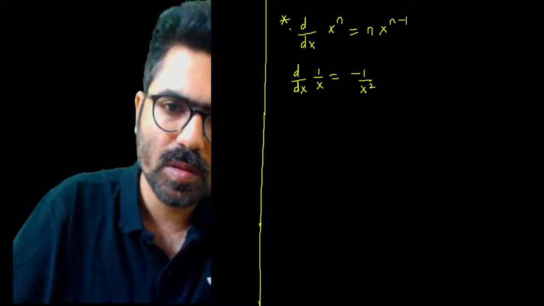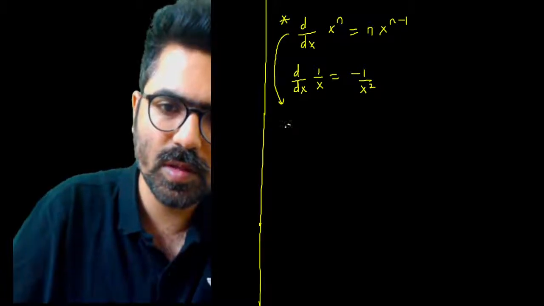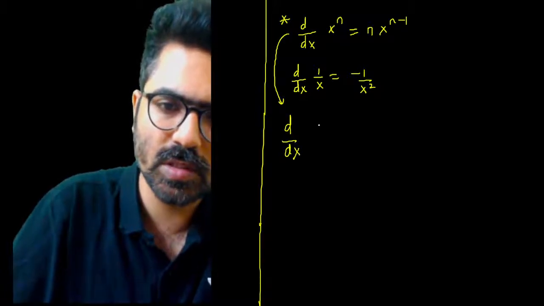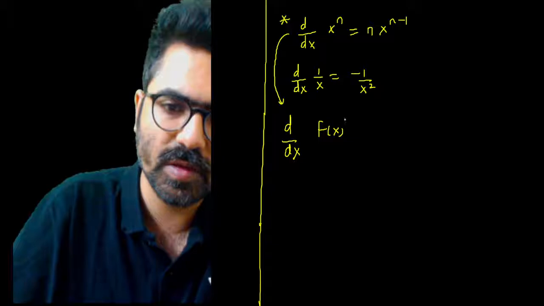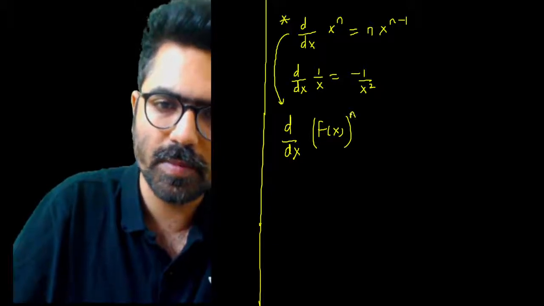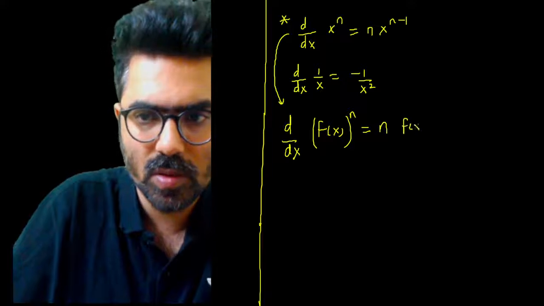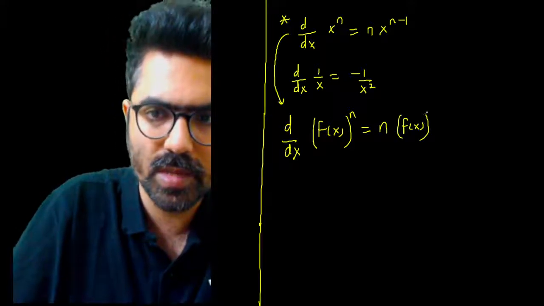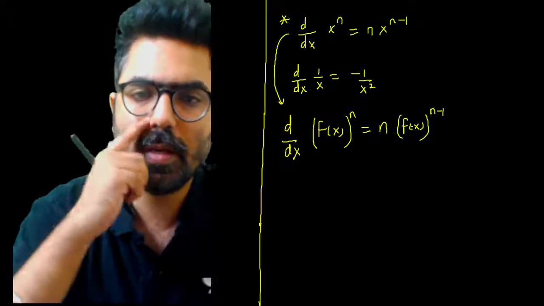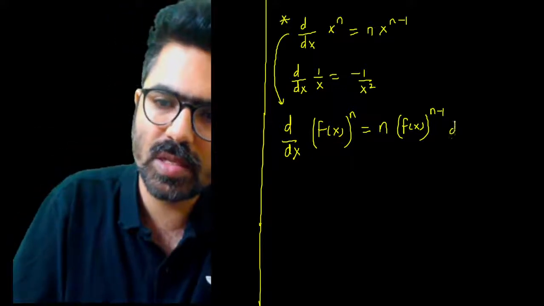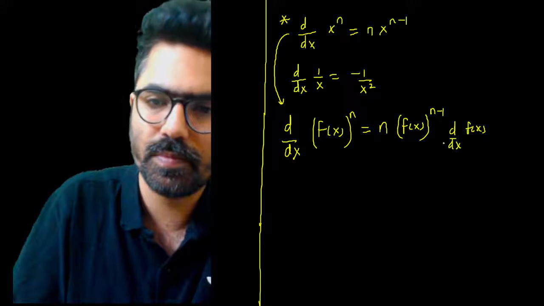Now, looking at the first formula, if instead of x any other function f of x comes, and it is power n, you have to apply the same concept. It is n into function of x power n minus 1. Only this extra step over here: the derivative of f of x also you have to keep.